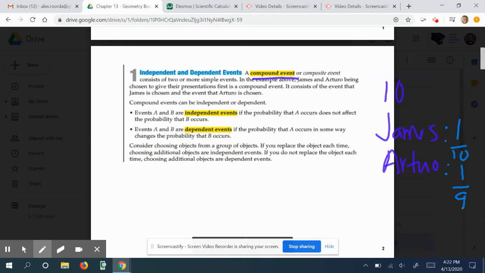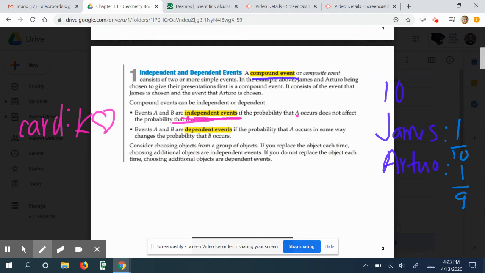Okay, so the first thing we're going to look at is independent. So independent events are when the probability of the first thing happening does not affect the probability of the second thing happening. So a good example of that would be like if I was drawing a card. So let's say we're looking for the King of Hearts, right?